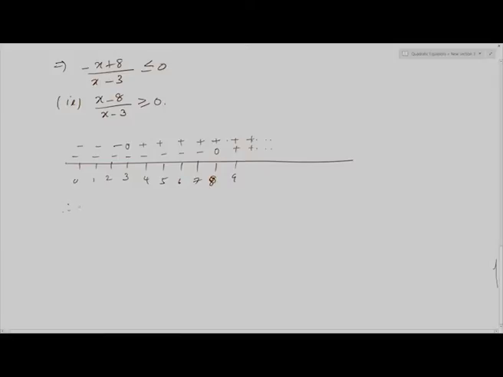So, therefore, the solution set is from minus infinity to 3, and I should not include the 3 because at x = 3 it is vanishing, so open bracket, union, then for all x greater than or equal to 8 the inequality is satisfied. Therefore, it should be closed bracket from 8 to infinity. So, this is the complete solution.